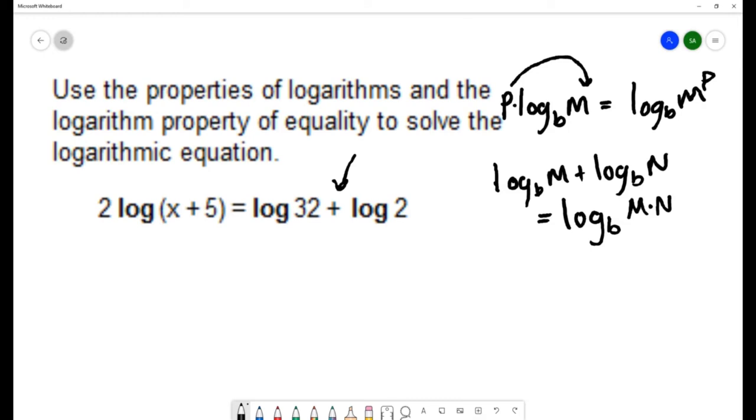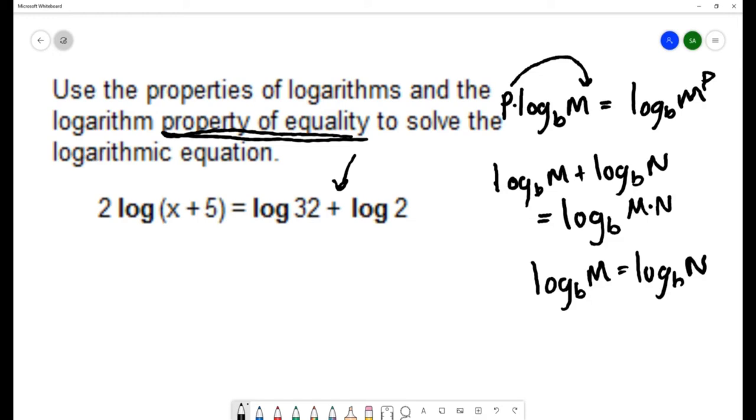And then finally, it mentions here the property of equality. The property of equality is what we use to simplify our equation, and it looks something like this. We have log base b of m equals log base b of n.